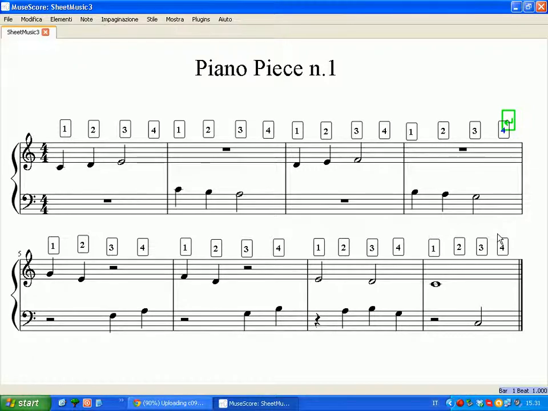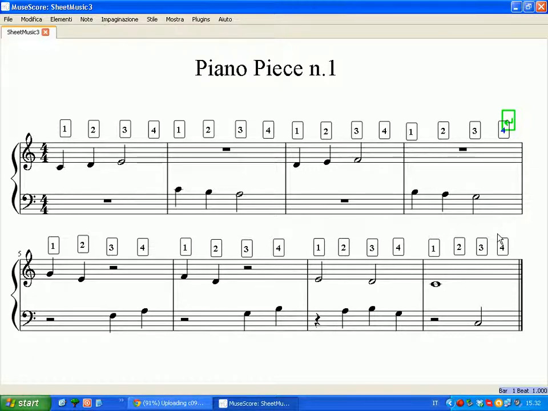And so the next step will be to achieve our definitive goal, which is to play the piece, is to try to sing our sheet music, only considering the pitch of the notes.